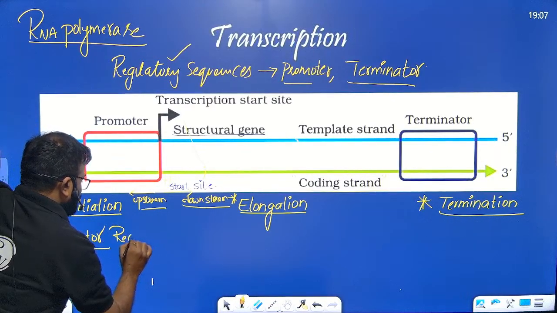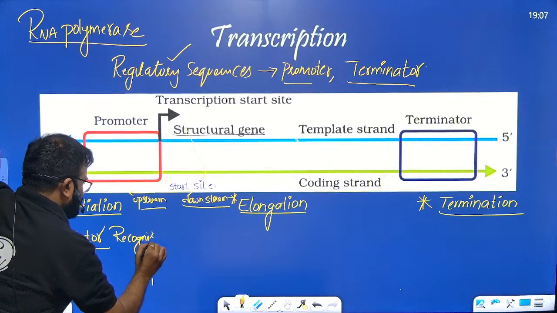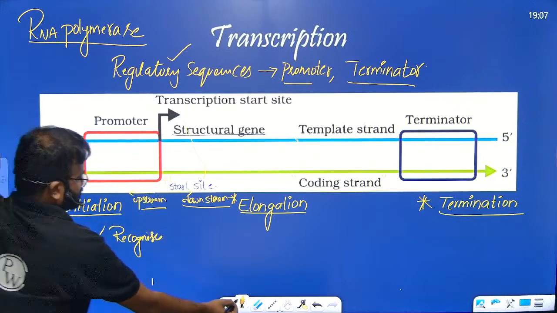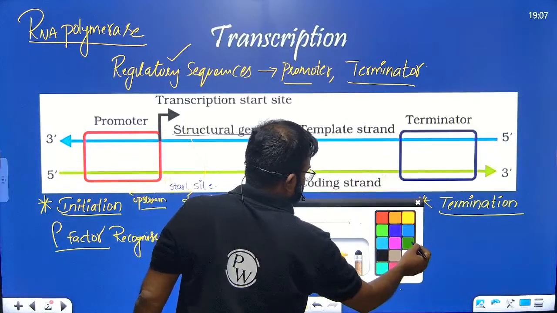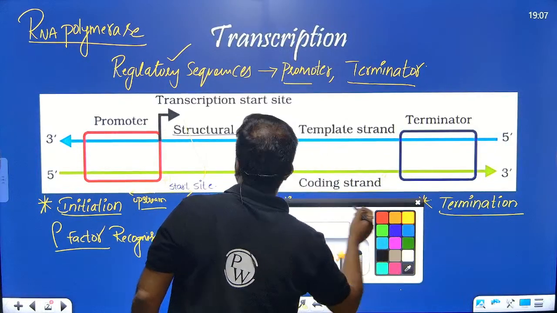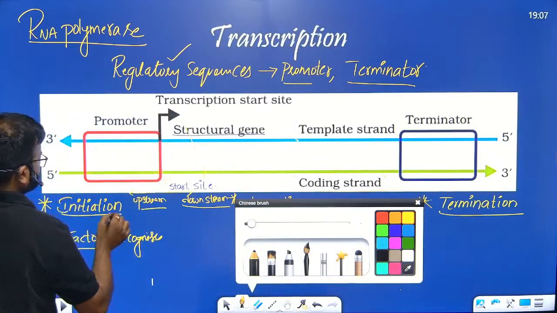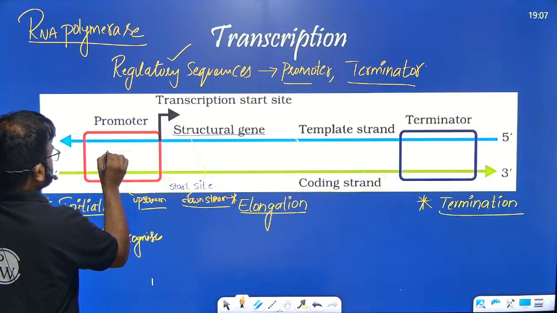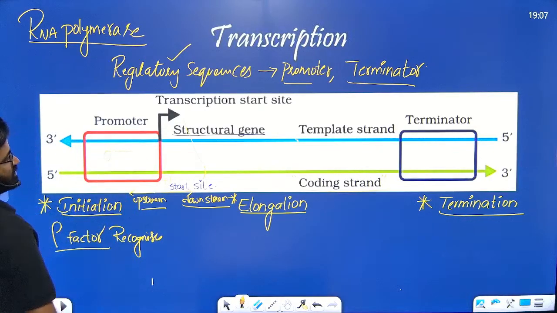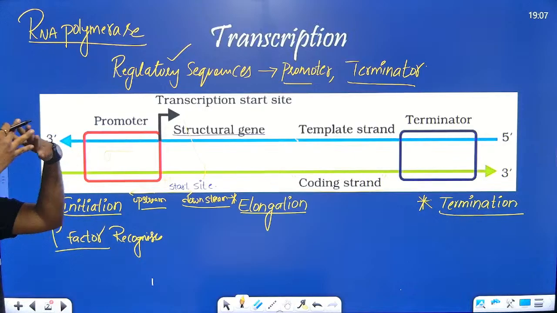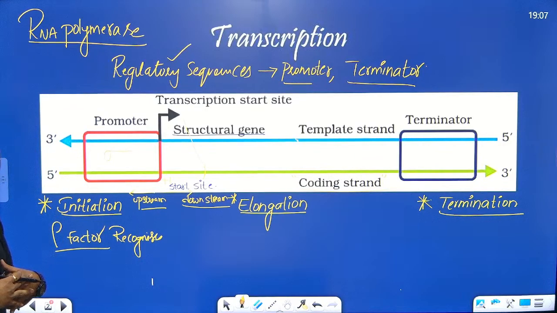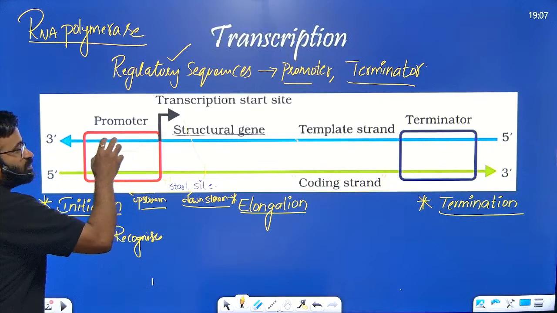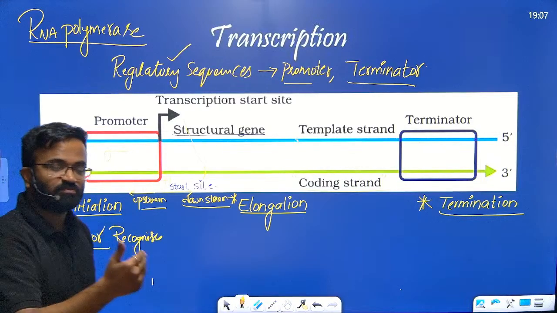Imagine this is our sigma factor over here, which recognizes the promoter sequences, binds to the promoter, and then calls the remaining subunits of the RNA polymerase onto the promoter site. See what I'm trying to say?